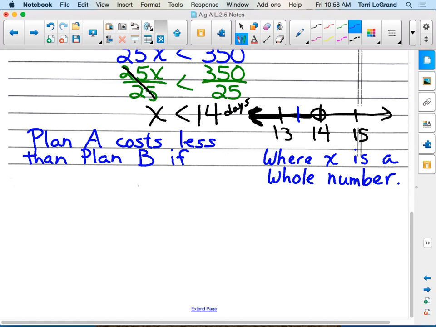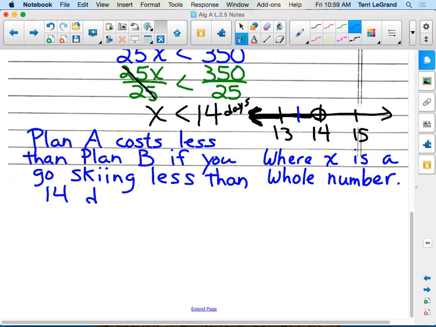Just talk about when will Plan A cost less than Plan B. Something about 14 days, yeah? If it's less than 14 days. Oh, yeah. So Plan A costs less than Plan B if you go skiing less than 14 days.